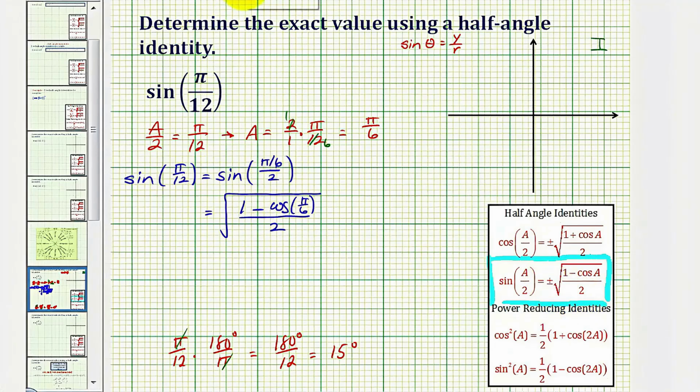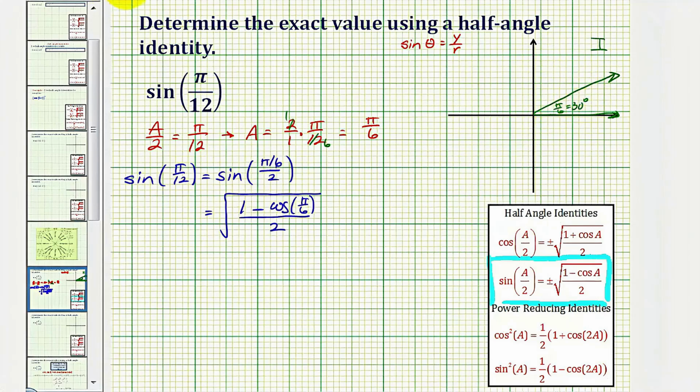And now for the next step, we'll determine the value of cosine pi over 6. So we can use either a reference triangle or the unit circle, and let's show both. Pi over 6 radians is equal to 30 degrees. So in standard position, this is the initial side of the angle. The terminal side would be approximately here, where again the reference angle is pi over 6 radians, or 30 degrees.